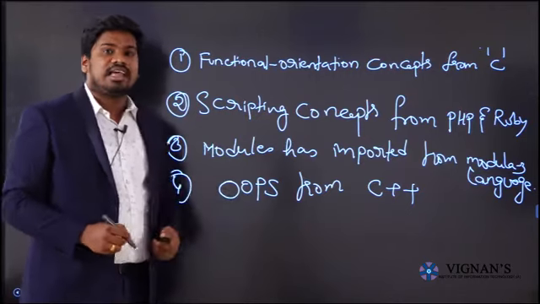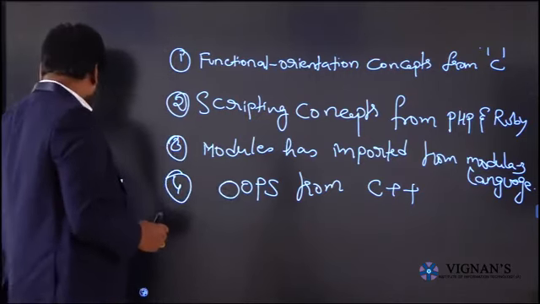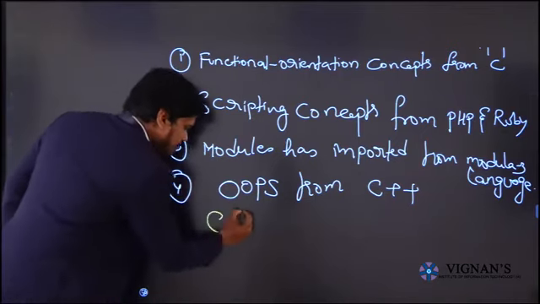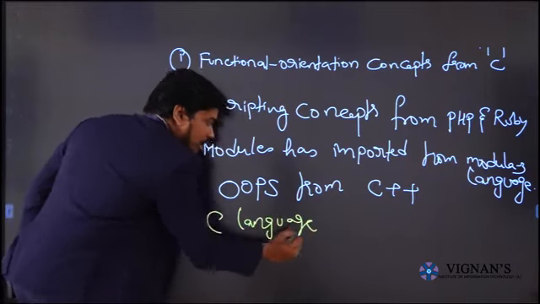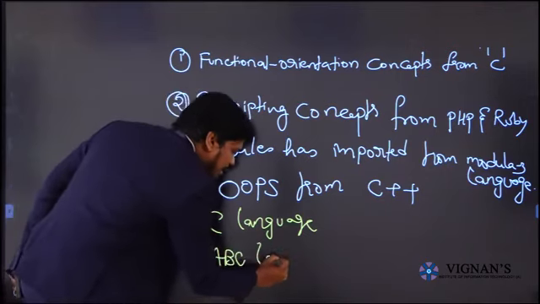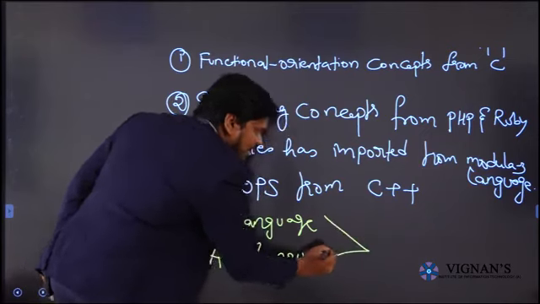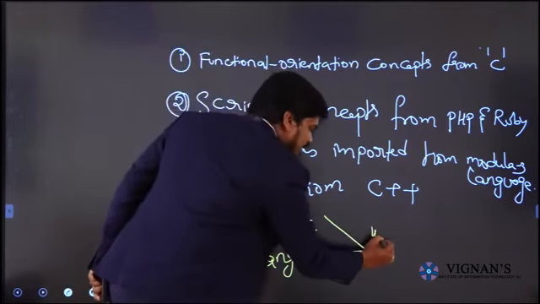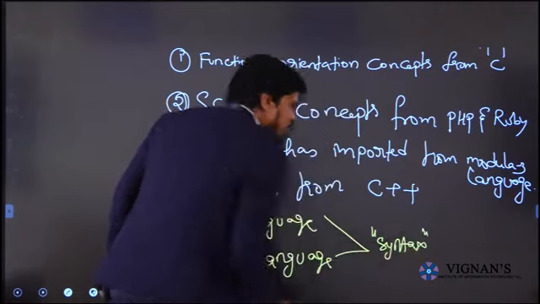And coming to the syntax in Python, what he has done is, from the C programming language and from the ABC programming language, if I combine these two languages, he has taken syntaxes, Guido van Rossum.